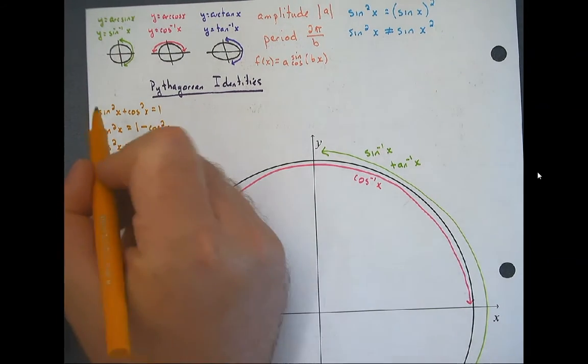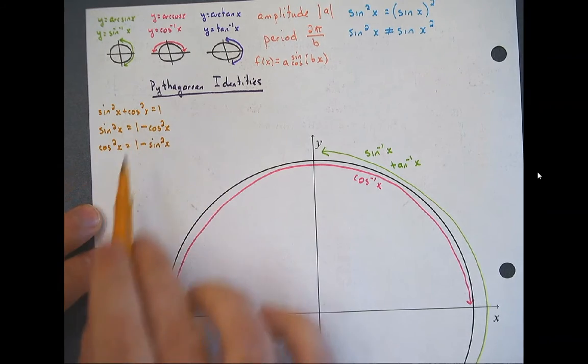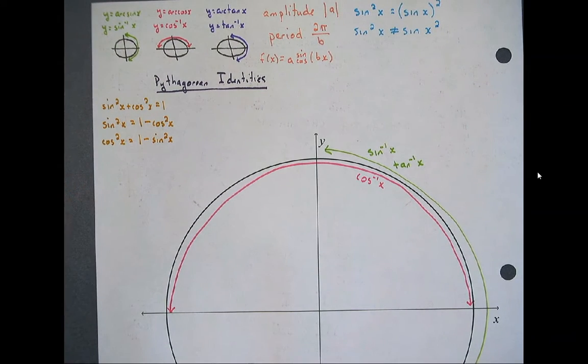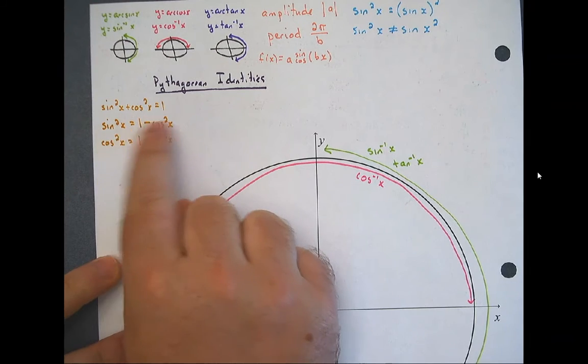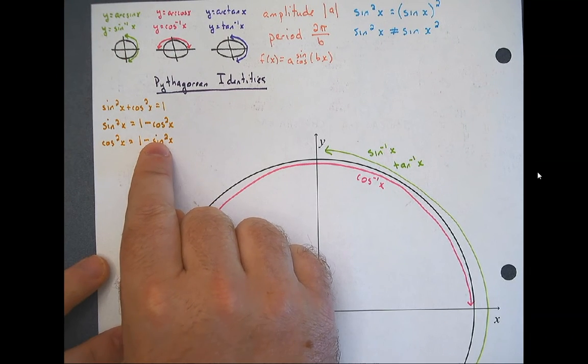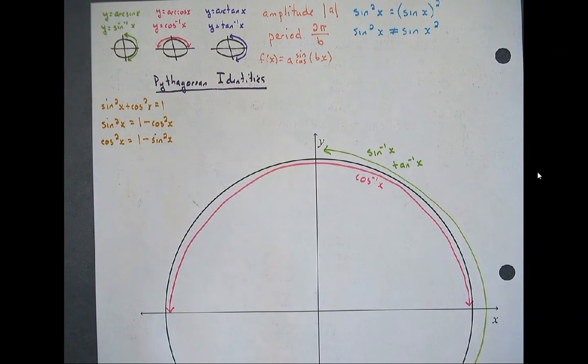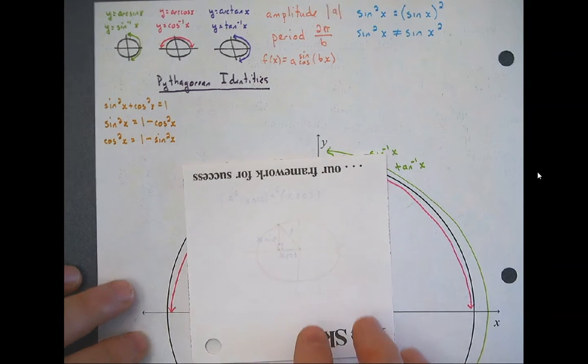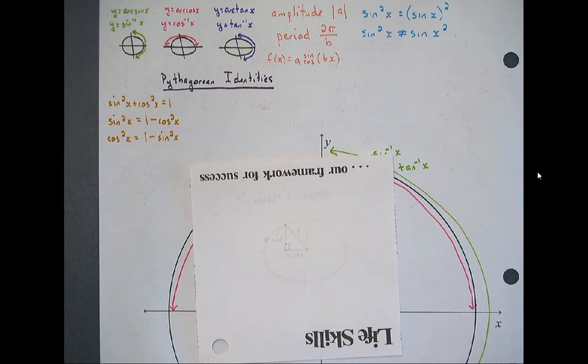All right, so this is one of the three Pythagorean identities with its two other perspectives or ways to look at it. Let's talk about how we generate the other two ways of looking at Pythagorean identities. Well, you're either going to divide by sine squared or you're going to divide by cosine squared.